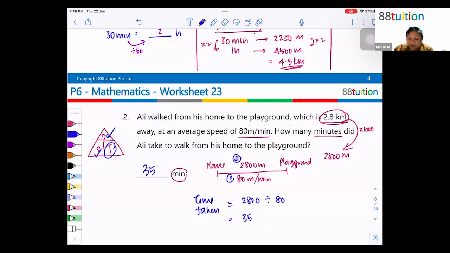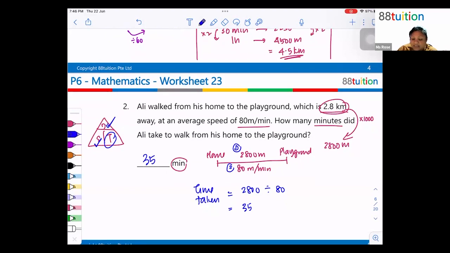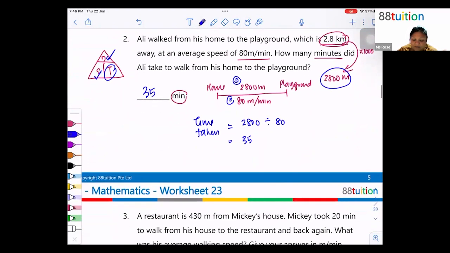So we change the distance to 2,800 meters so that we can use it, whereby the time taken is equals to distance divided by speed, which is 35 minutes.